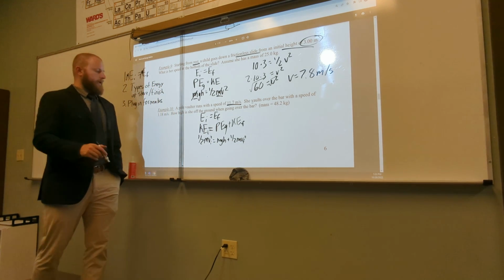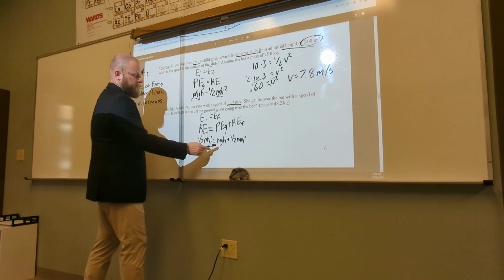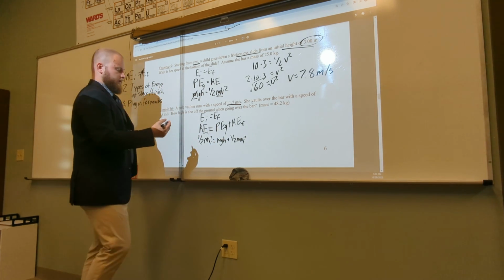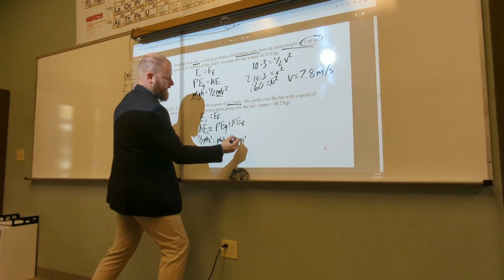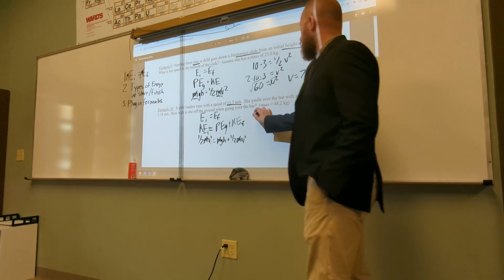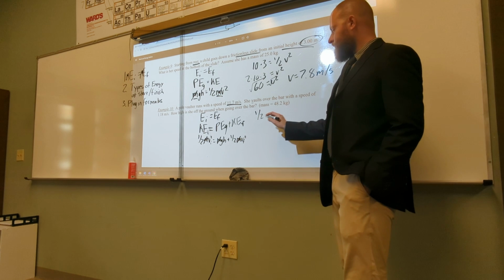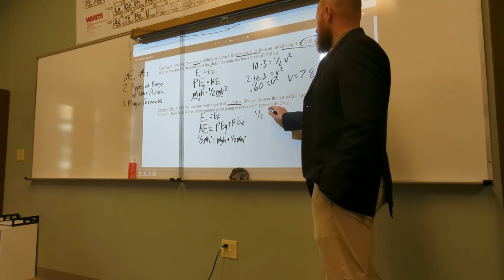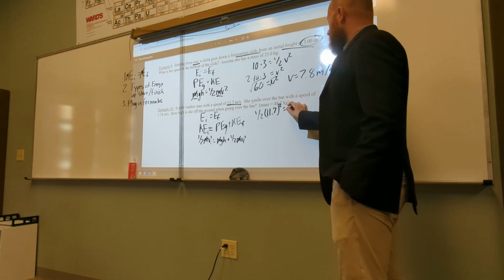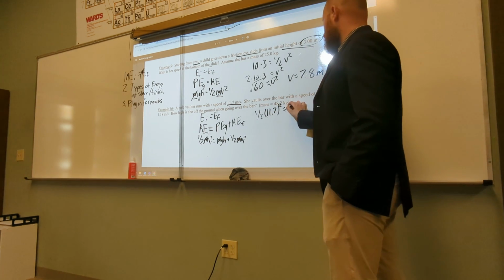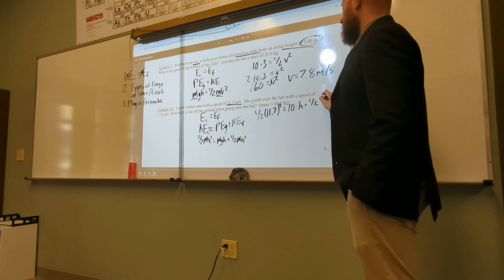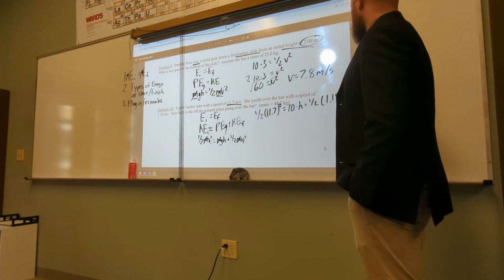Now, let's think about this. I have m in every single term, so what can I do? Yes, I can cancel out my m. Now, I have 1/2 times my initial velocity 11.7 squared equals g, which I'm going to round to 10, times h, which is what I'm looking for, plus 1/2 times 1.18 squared.